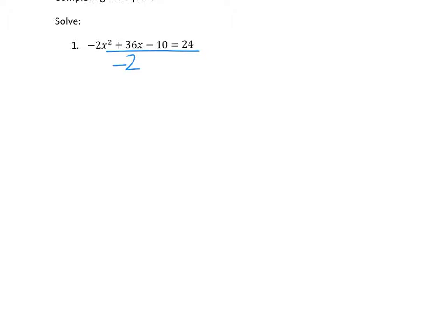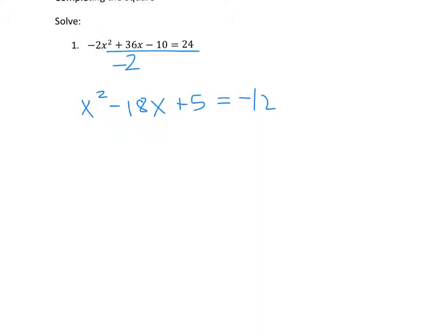So when I do that, I get x squared minus 18x plus 5 equals -12. So everything was divided by -2. Now I want to isolate my x squared and bx terms.